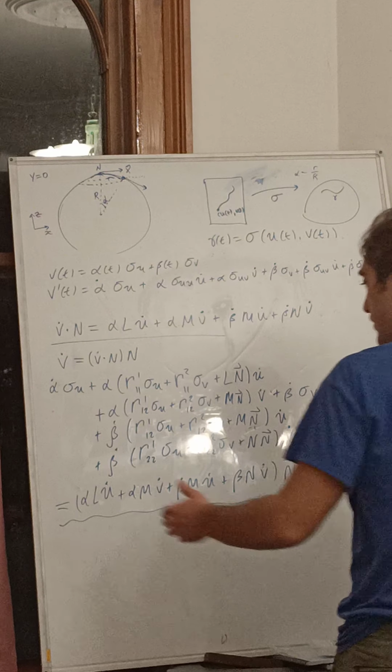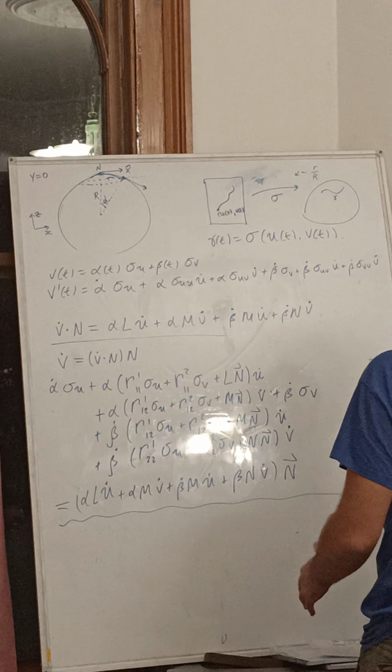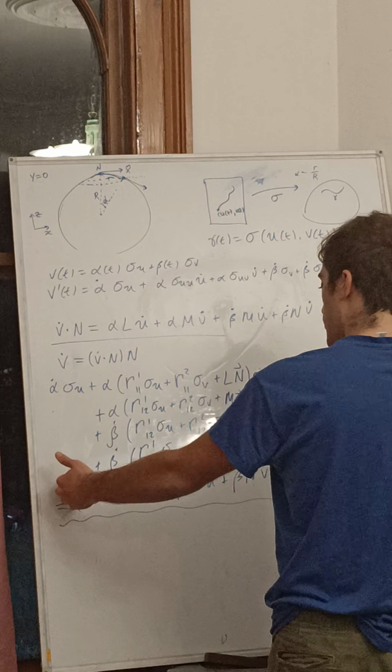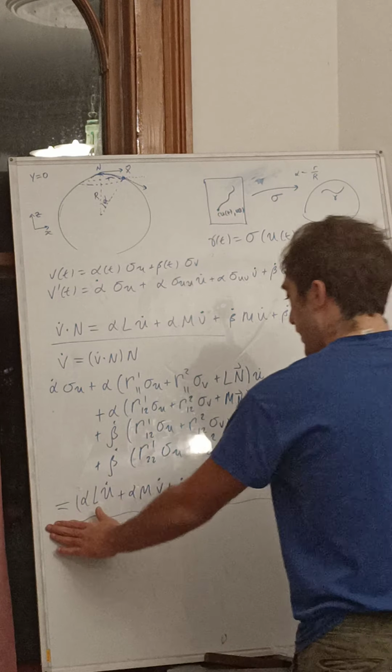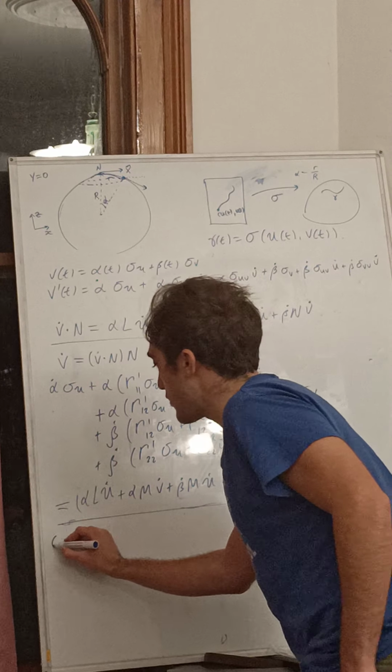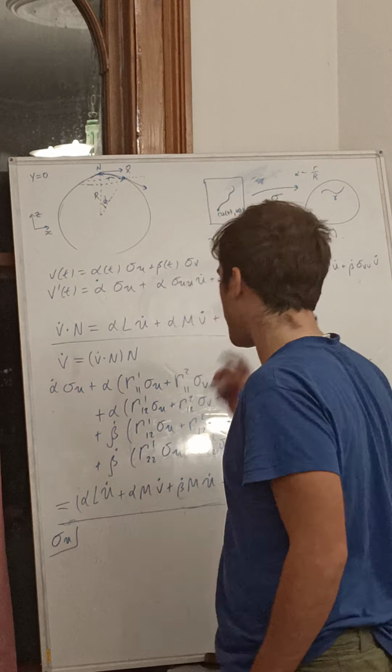So basically, we equate coefficients. The coefficients for sigma u and sigma v must be equal to 0 because there's no sigma u, sigma v on the right-hand side. So what does that mean? Let's equate the sigma u coefficients.